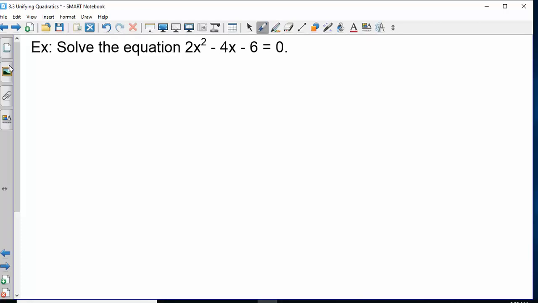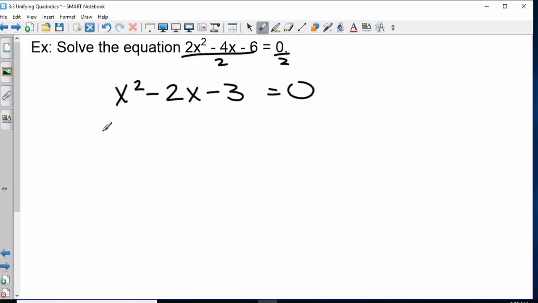Box method. What should I do before I attempt box method on this? We need to divide everything by 2 because I have a greatest common factor here. So if I first just divide everything by 2, I get x squared minus 2x minus 3. Now it's a 1x squared, so I can just do the shortcut. Multiply to -3 and add to -2.